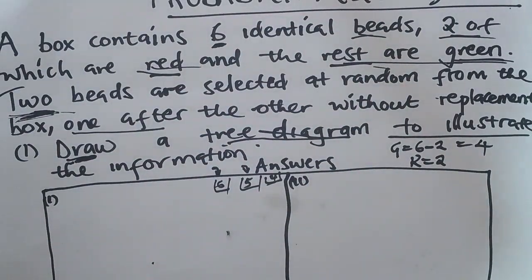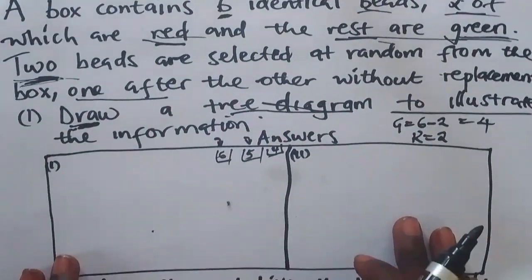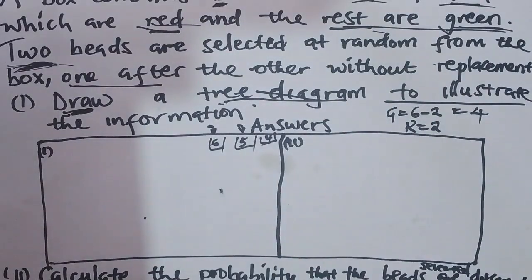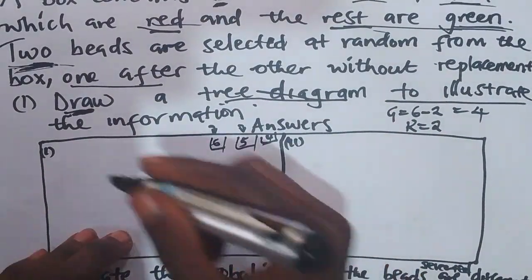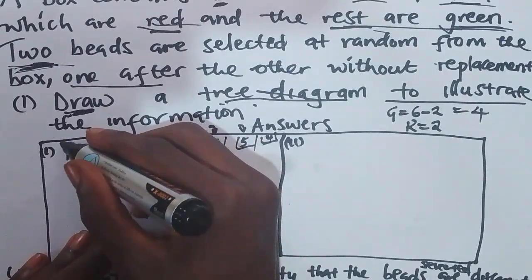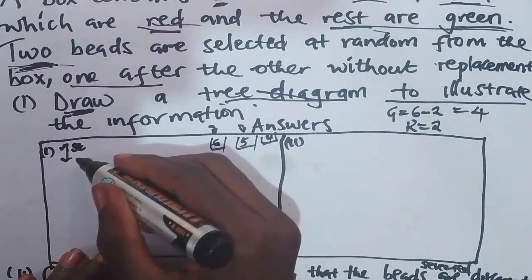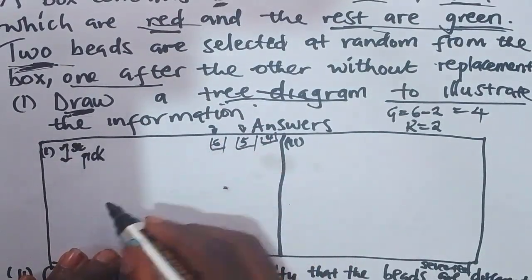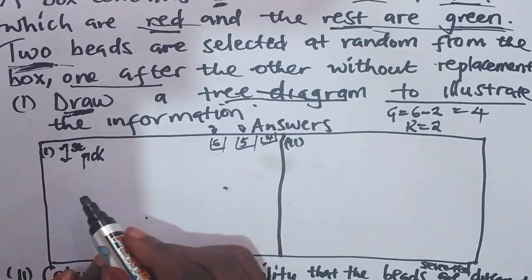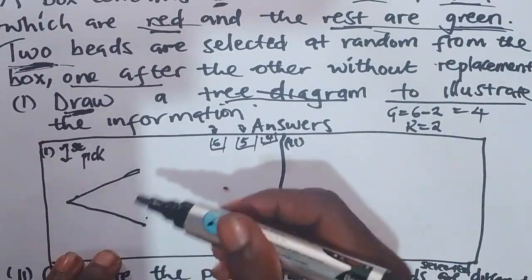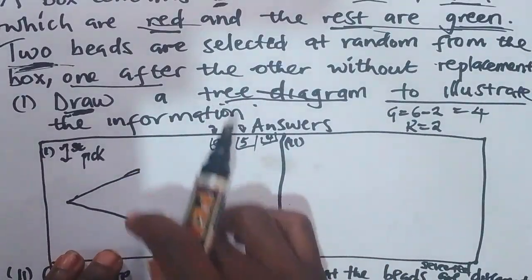So how can we draw the tree diagram? As I told you, it represents the number of picks. So you say first pick, in the first round, and you draw. Remember, you have to put here the colors you have been given.